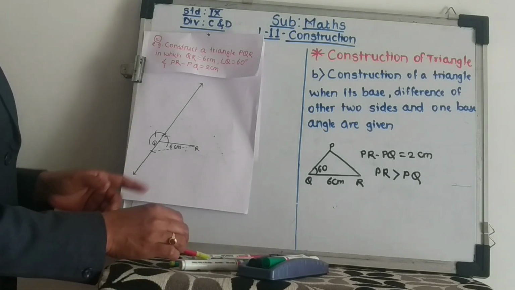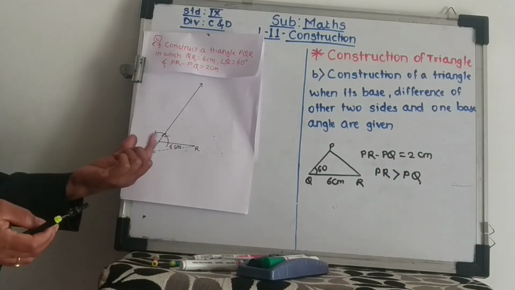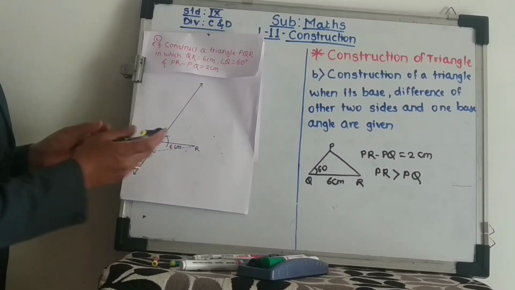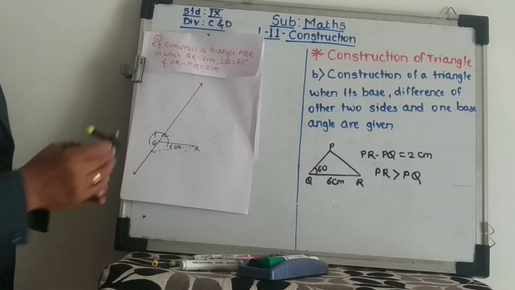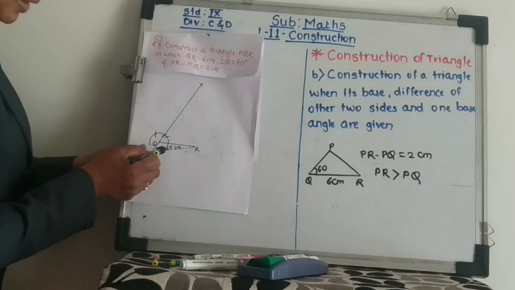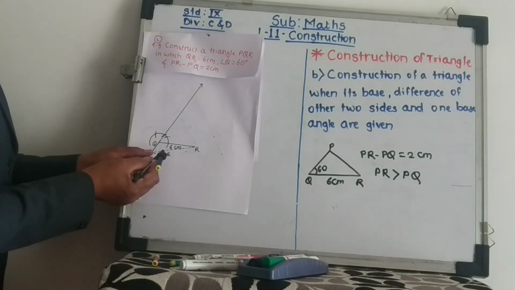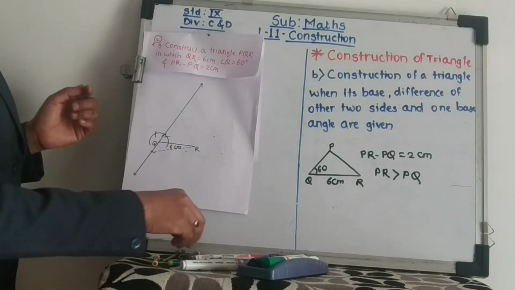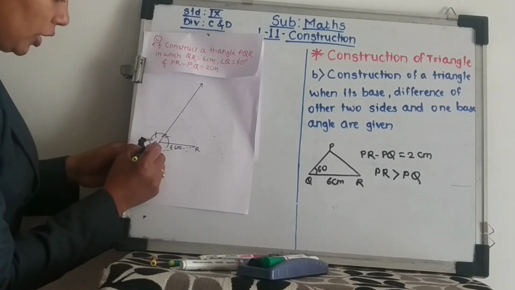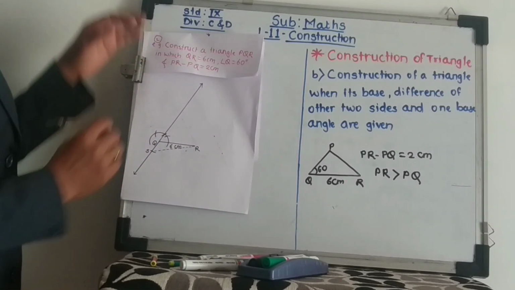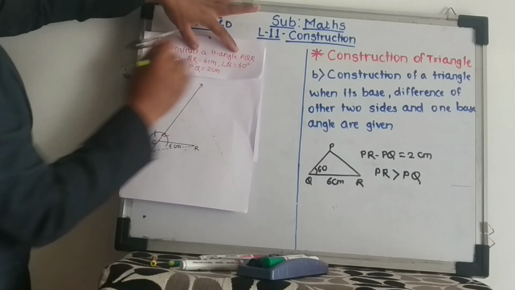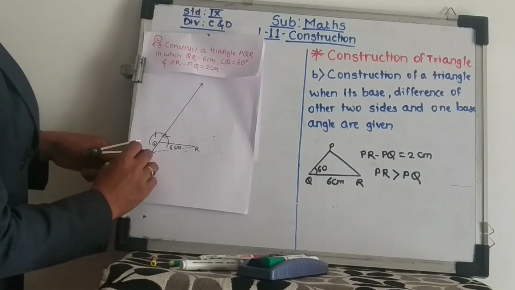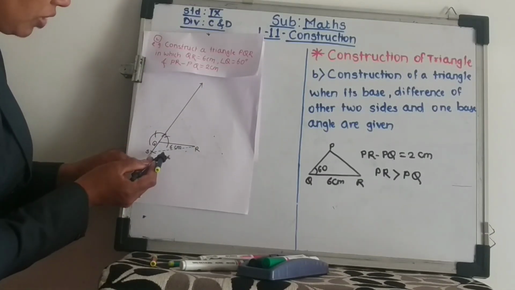Now the dotted line we have drawn, we are going to bisect, or draw its perpendicular bisector. For that, this point we got is S. This is not P, we are constructing triangle PQR, so S is the different point we got.